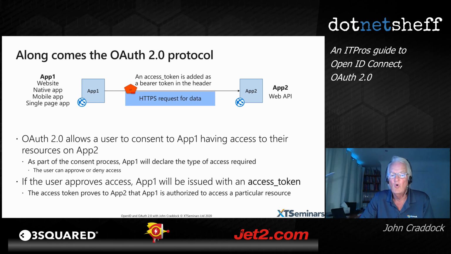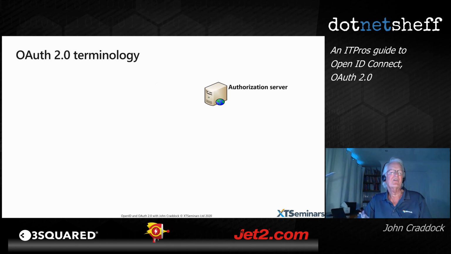So it's an authorization protocol authorizing app 1 to have limited access to app 2. Of course, that access token could be a full-blown access token with any type of access, but let's say it's a controlled, consented-to access to application 2.